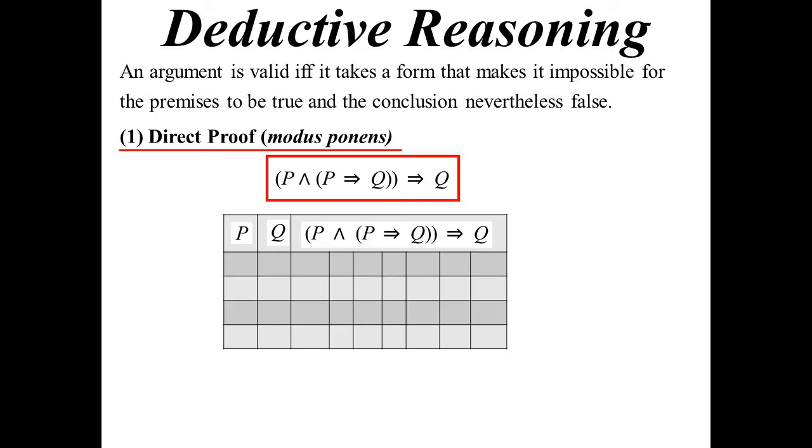Okay, so we have P and Q. There's all our possibilities: true, true, true, false, false, true, and false, false. So let's fill them in. There's the P and Q's, and we'll work our way out of the parentheses. So P implies Q from our truth table. Remember, the only one that's false would be true implies false. So I now have true, false, true, true.